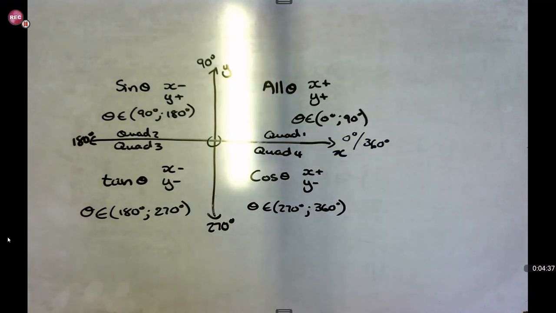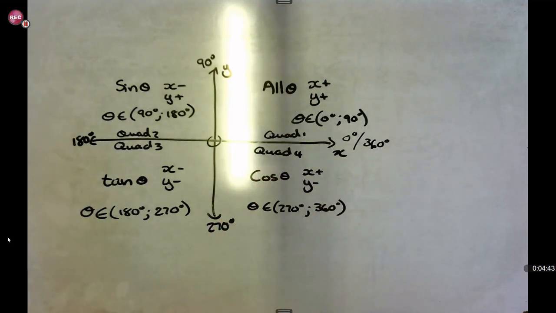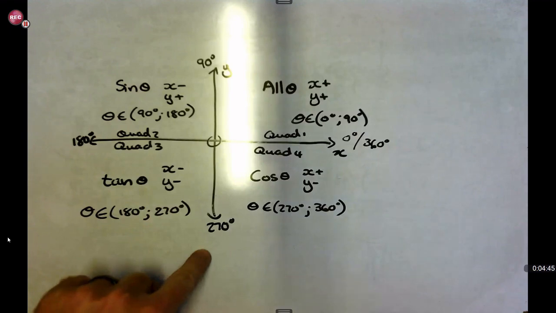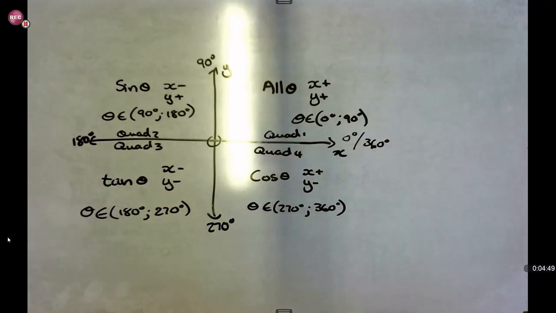So if they tell you that your range is 270 to 360, you know that you're working quad 4. If they told you that it's 90 to 270, you'd know that any one of these two quadrants can be used to calculate whatever you need to calculate.